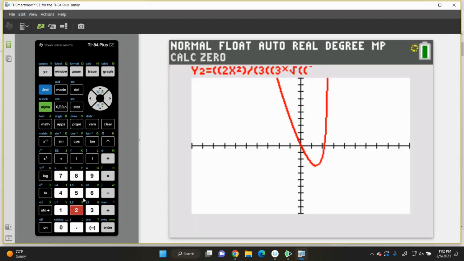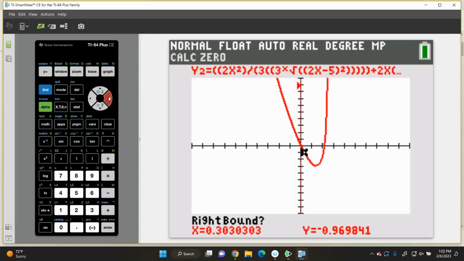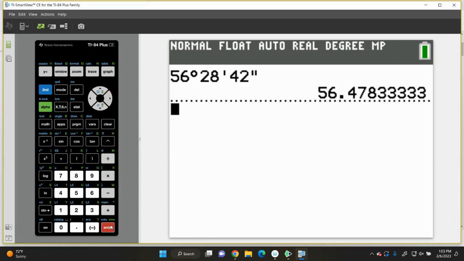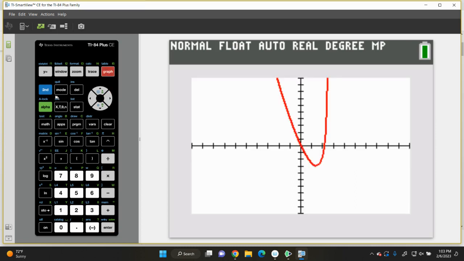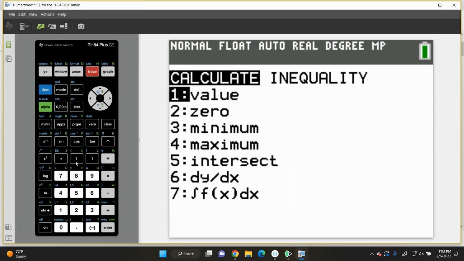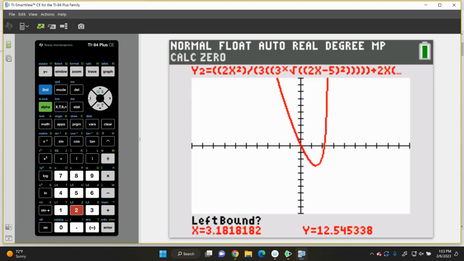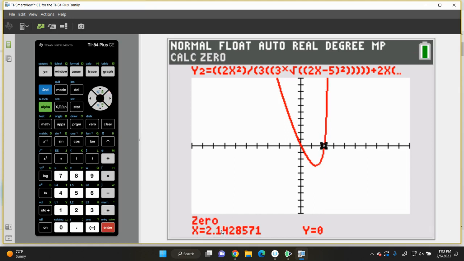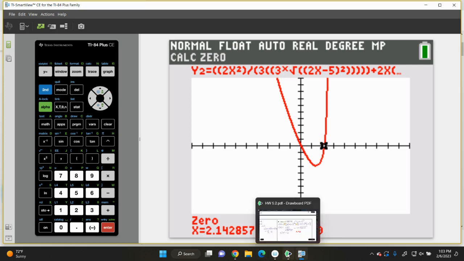Calculate 0. I'm going to check this other one over here. And then at 2.14 it looks like.